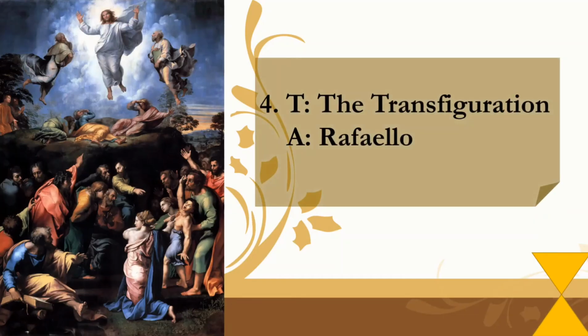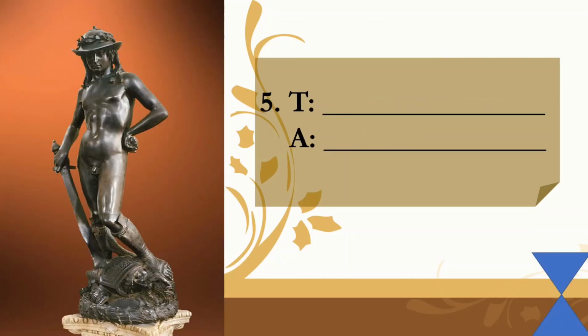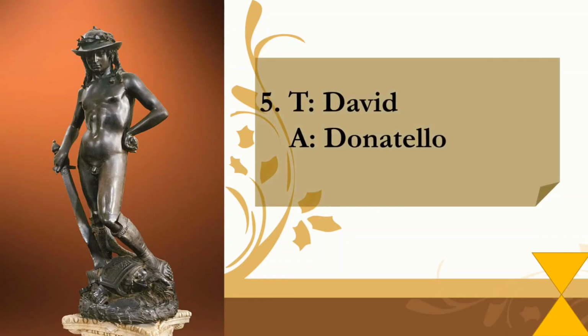Wow! Very good! This is the Transfiguration made by Raffaello. 5. What is the title of this artwork and who made this artwork? Good job! This is David, made by Donatello.